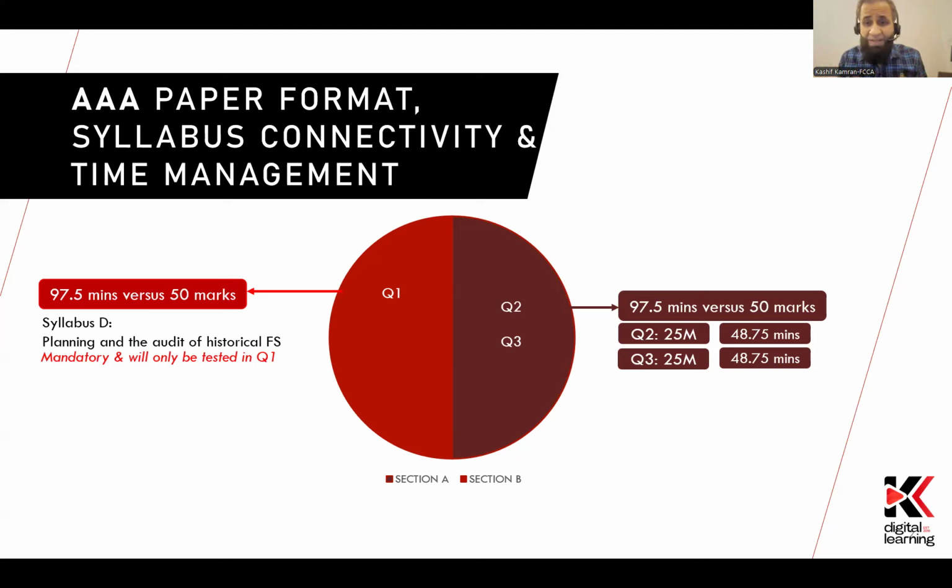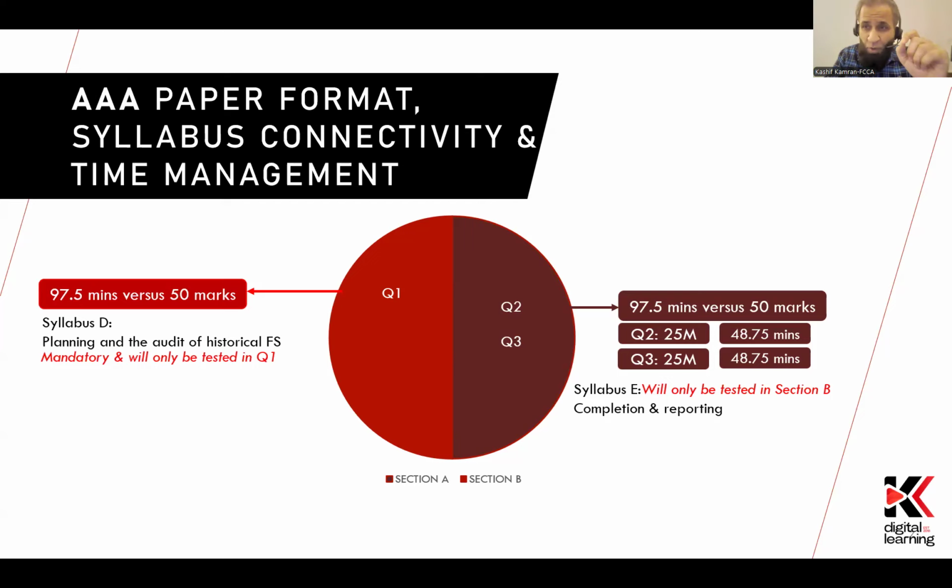Now, what comes in section B, what comes in question 2 and what comes in question 3, is there any ideal definition of that? And the answer is yes. Syllabus area E, completion and reporting, will only be tested in section B. Never will it be tested in section A, never. Just like syllabus area D will always be tested in section A, never in section B. So syllabus area E is important.